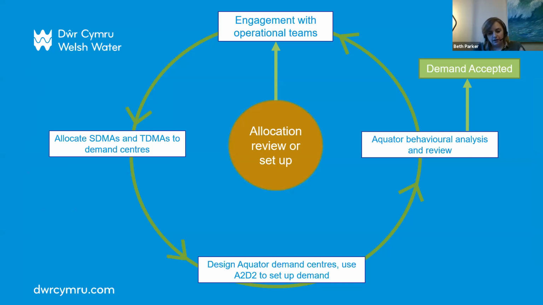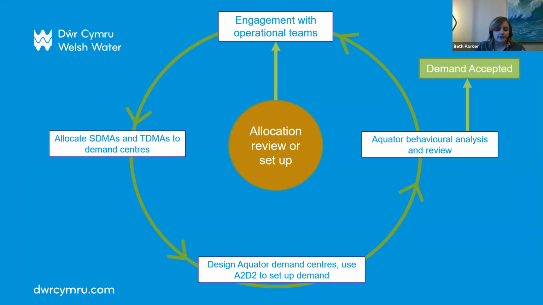So just a final overview of how this process is undertaken. So an allocation of demand is triggered, whether that be the build of a model, a water resources management plan, or drought plan, network changes in dry weather, or operational incidents and planned works. This leads us to engage with our operational teams, our leakage teams, and our distribution teams to ensure that we've got the correct allocation within our models.